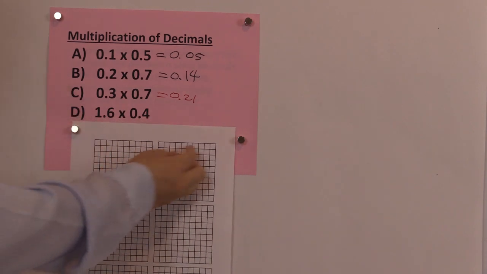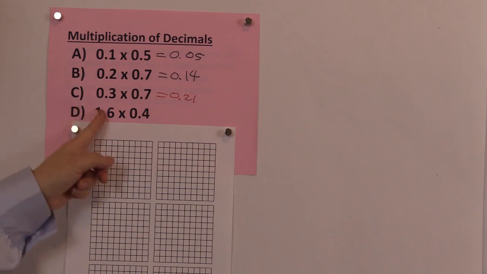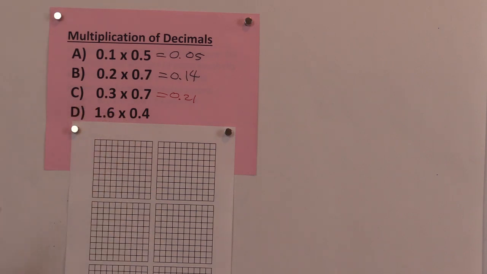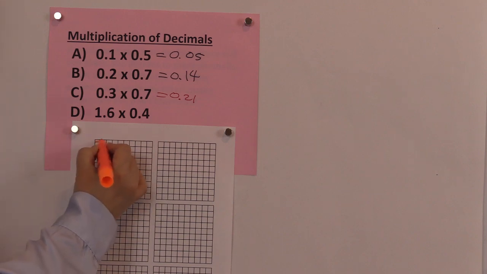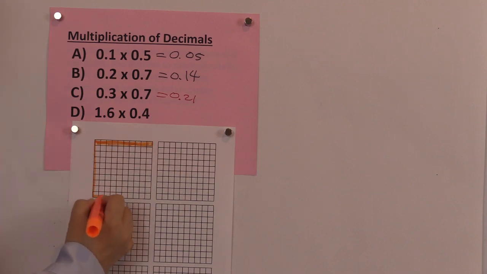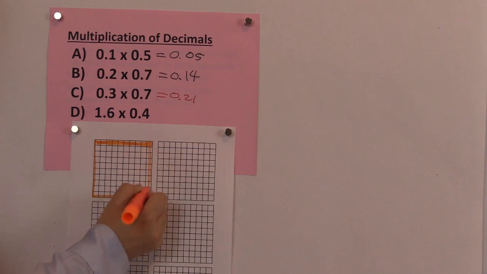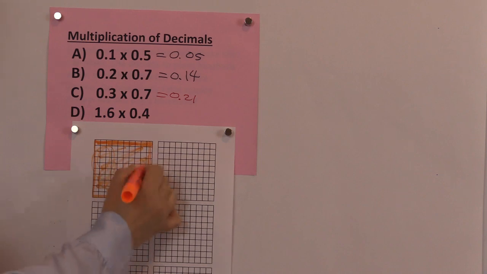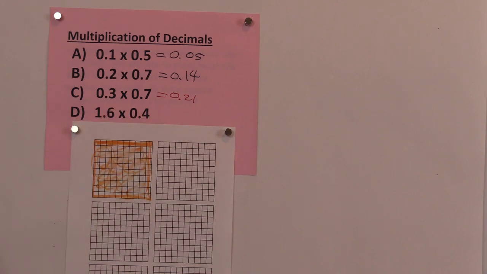So here, 1 and 6/10, right? So I'm going to have, this is my 1, right? This is my 1. And 6 more I need to go, right?